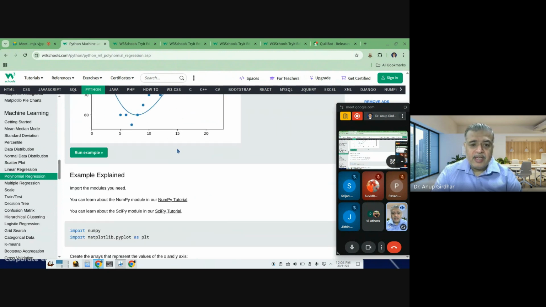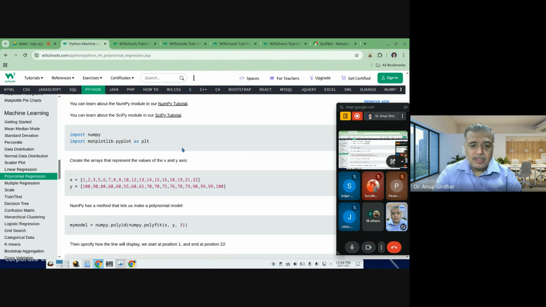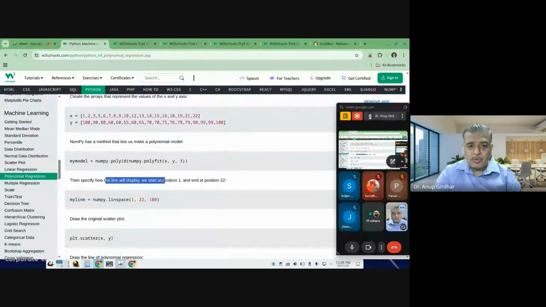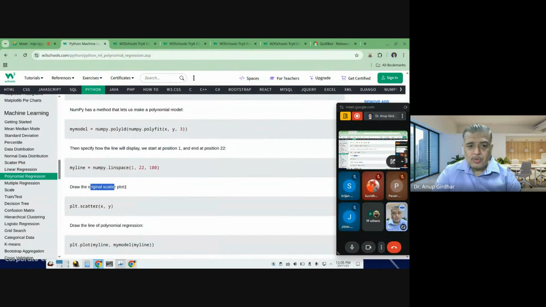So this is the way you can process and fit your data set, right? Starting from, let's say, position 1 till 22. There you have the polynomial fit values, and this is to draw the original scatter plot, right? 1 to 22 is the starting point and ending point of the line.